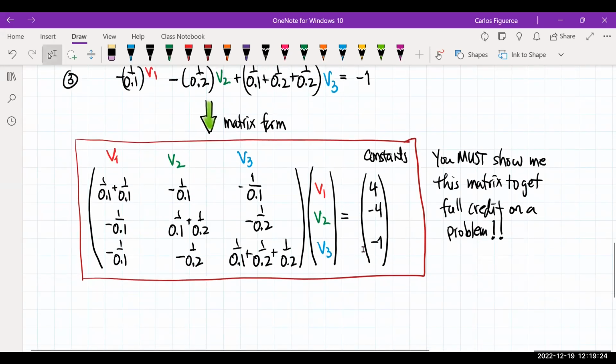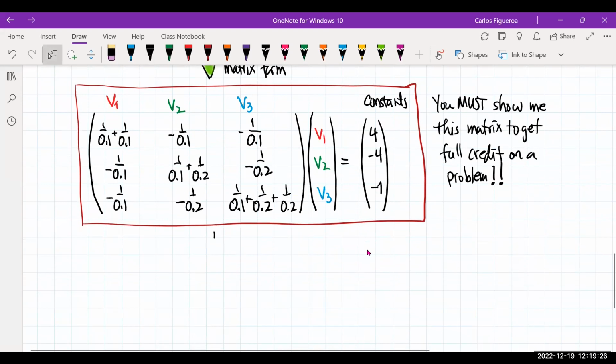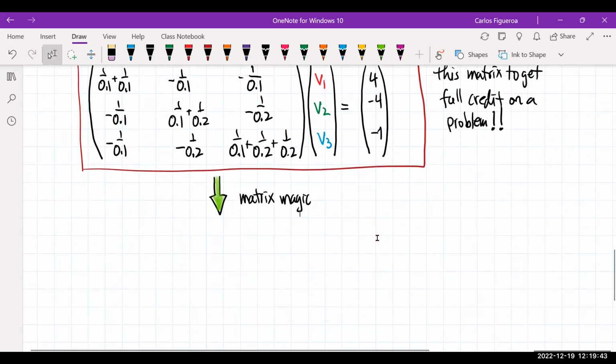And then what I'm going to do here, following the matrix techniques that we talked about in lecture, I now do a little bit of matrix magic. Right, so now we have matrix magic, and it looks something like this. We have a solution.